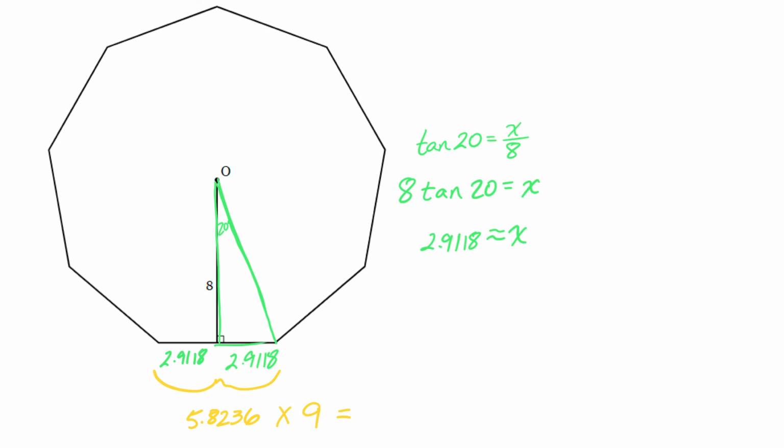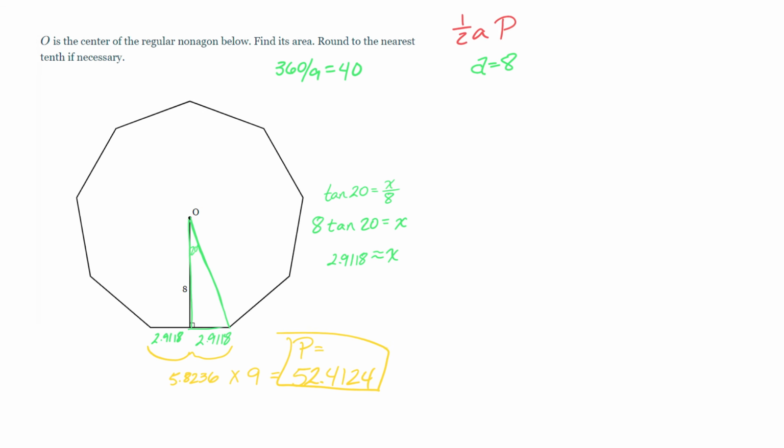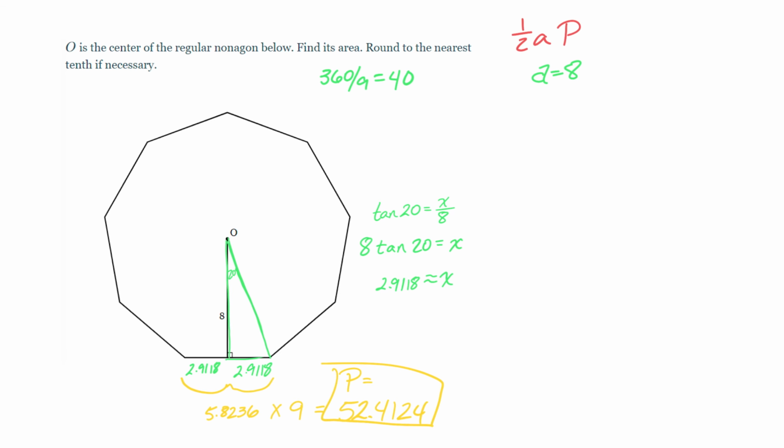So the perimeter of this figure is going to be 52.4124. Perimeter equals 52.4124. So now we have all the parts of our formula.